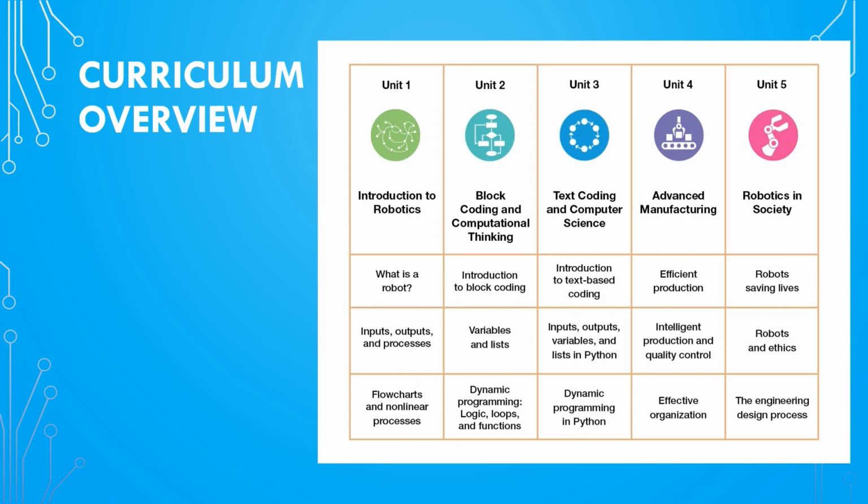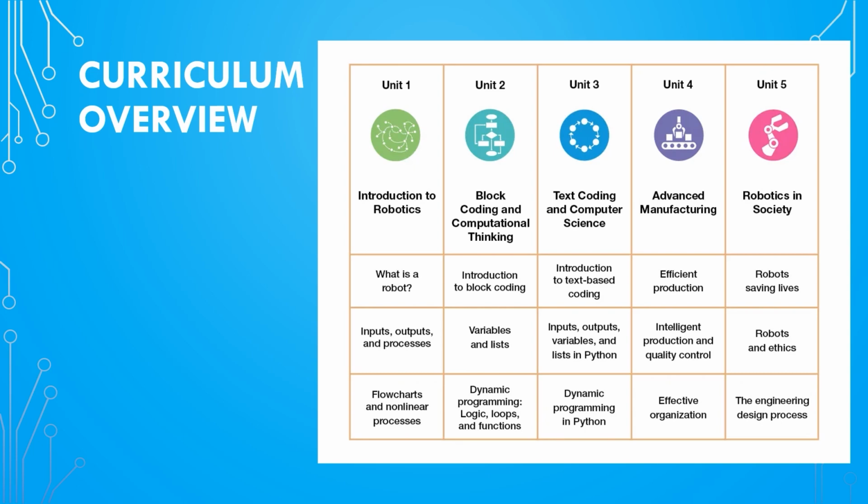You'll see drawing up flowcharts is a really great way to get students to think critically about the structure of their computer programs. In Unit 2, they're going to be learning about block coding and computational thinking. In this second unit, they're going to get their first real taste of programming, building their first computer program to control their Dobot robotic arm. They're going to learn a little bit about variables and lists.